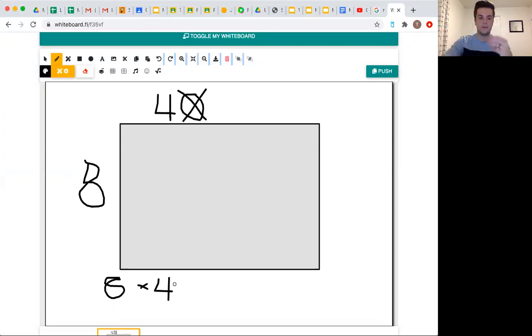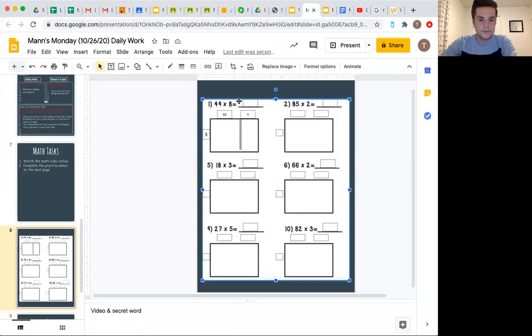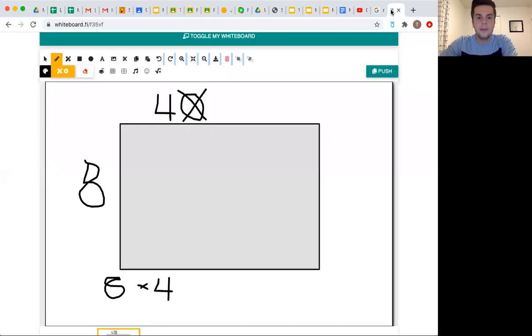That was 8 times. So 32 is our answer to this one right here, 32. It'll probably be easier if you do it with some scratch paper. So this is our problem right here, 40 and then 9. Here we go, 32.